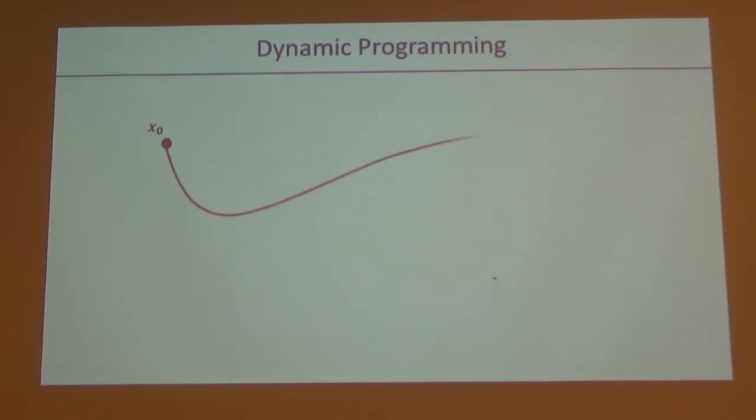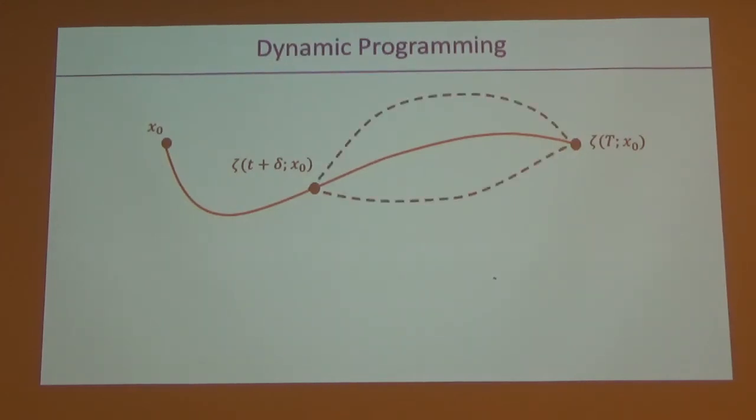And magically, somehow I know the state trajectory which gives me the optimal cost, which I'm denoting here by zeta t. Now, the dynamic programming principle says that if you take any intermediate state on this trajectory and would like to solve the optimal control problem starting from this state for this much horizon, which is capital T minus delta, then this trajectory would still remain optimal for that optimal control problem. So among all these 3 trajectories or many others, the orange is still the optimal trajectory.